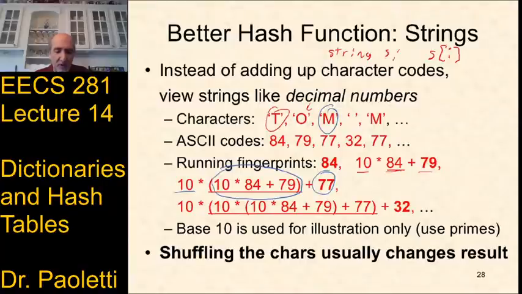If I was doing capital letters, I might multiply by, how many capital letters are there? 26. 27 is not a prime. I could multiply by 29. 29 would be a little bit better value. It's prime. It's bigger than the number of uppercase letters. What if it was upper and lowercase? Well, that's 26 plus 26 is 52. Is 53 prime? Maybe.